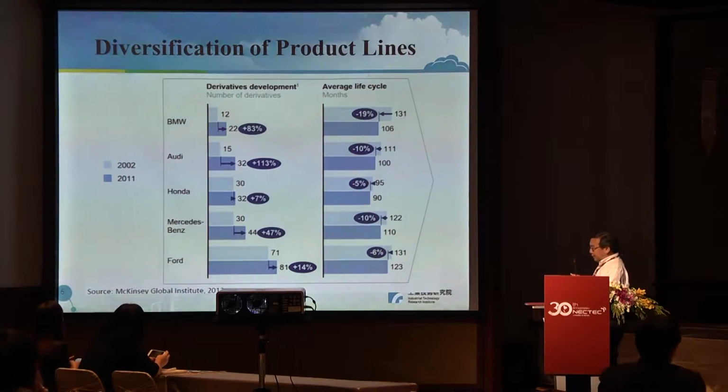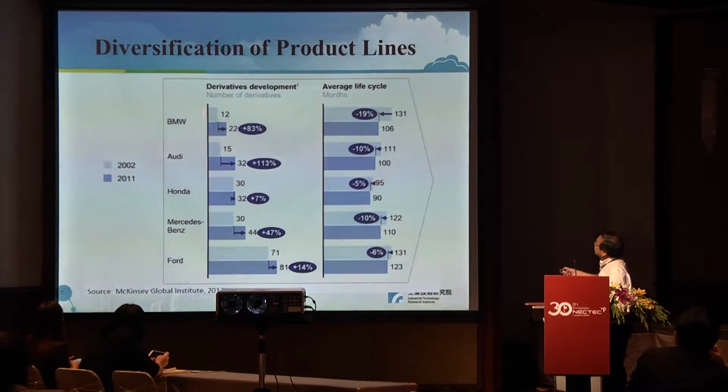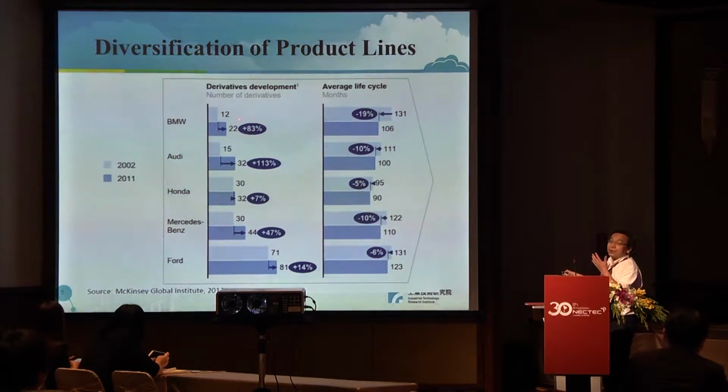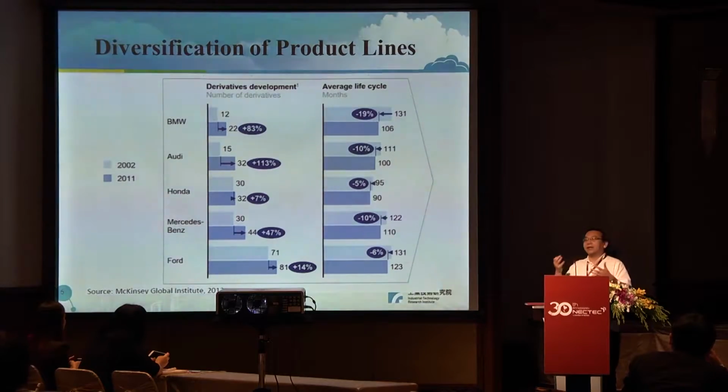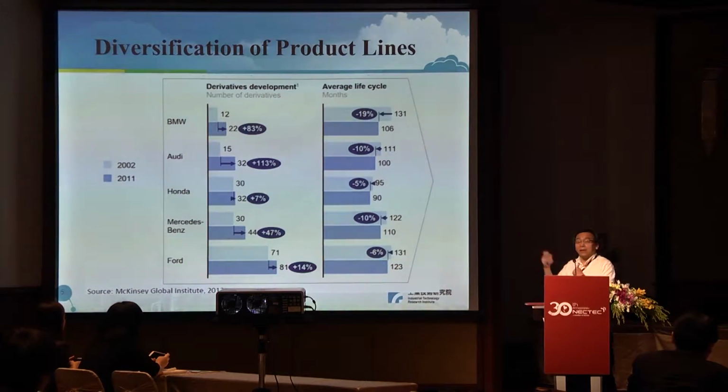This figure shows that for a bunch of car companies, the number of different types of products actually increases, and the average lifetime of each individual product shrinks, right? It just means that people want variety. And they like new stuff. For whatever you have, they don't really like it for that long. That argues that the entire manufacturing space needs to be revamped in order to accommodate this kind of need.